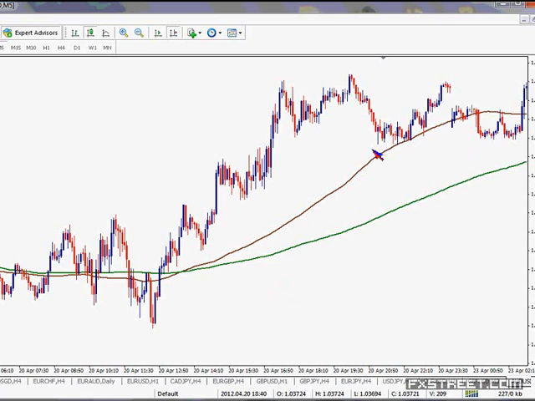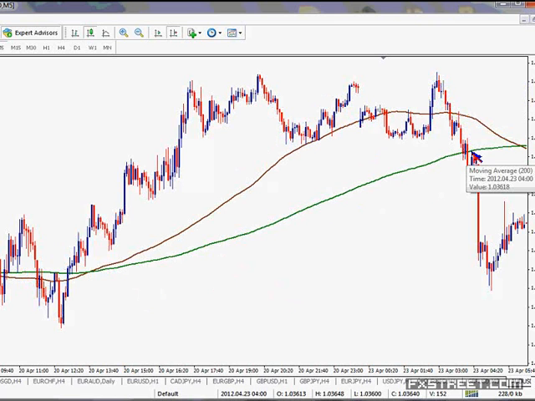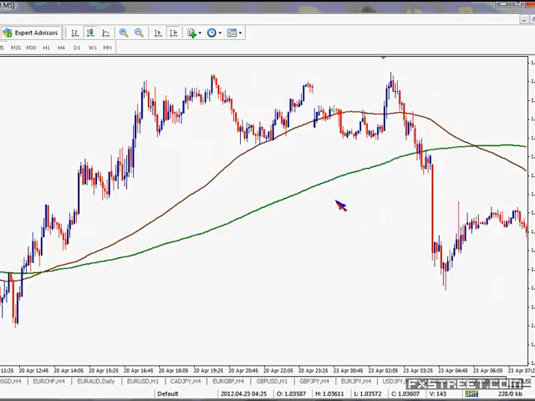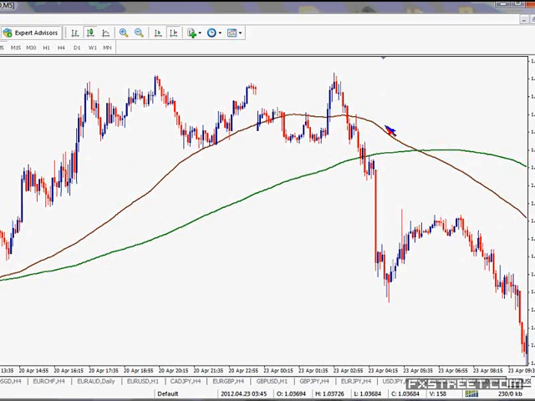Again, you are on the right side of the market until a break of the 200. I love the Australian dollar in particular because it respects a lot the 200 and the 100 moving averages as dynamic support and resistance levels, and therefore the breaks are clearer.